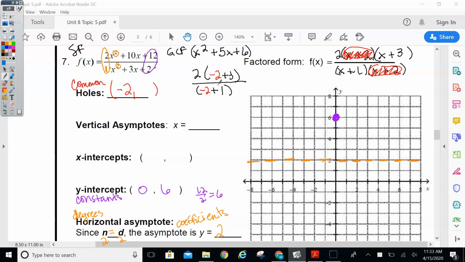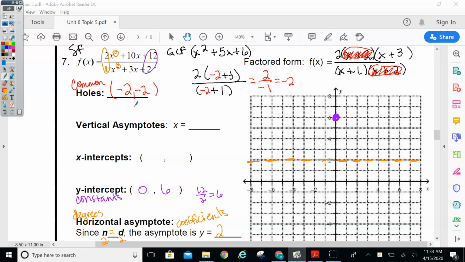So here, negative 2 plus 3, that's just 1. 1 times 2 is 2 in the numerator. And in the denominator, negative 2 plus 1 is negative 1. So 2 divided by negative 1 is just negative 2. So that means the y-coordinate is negative 2.